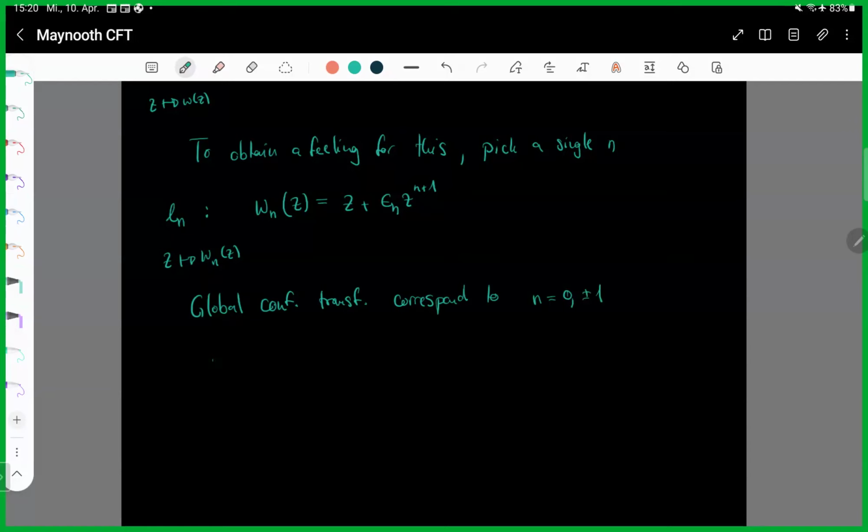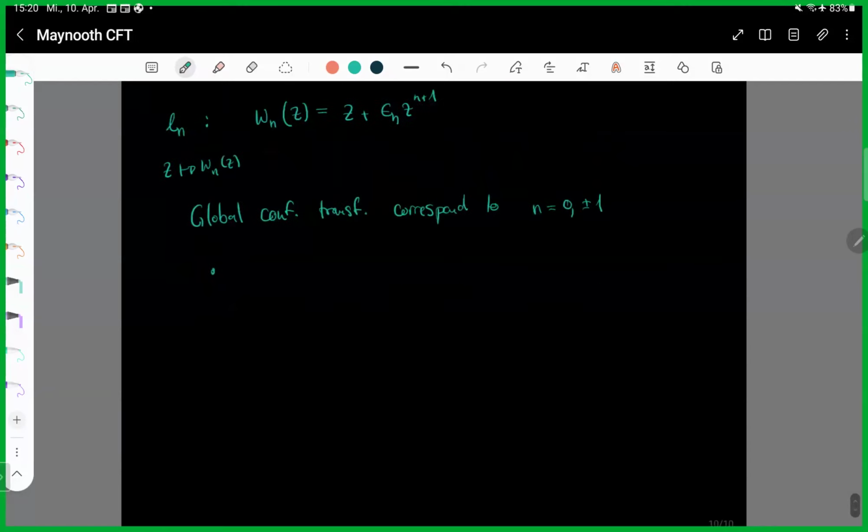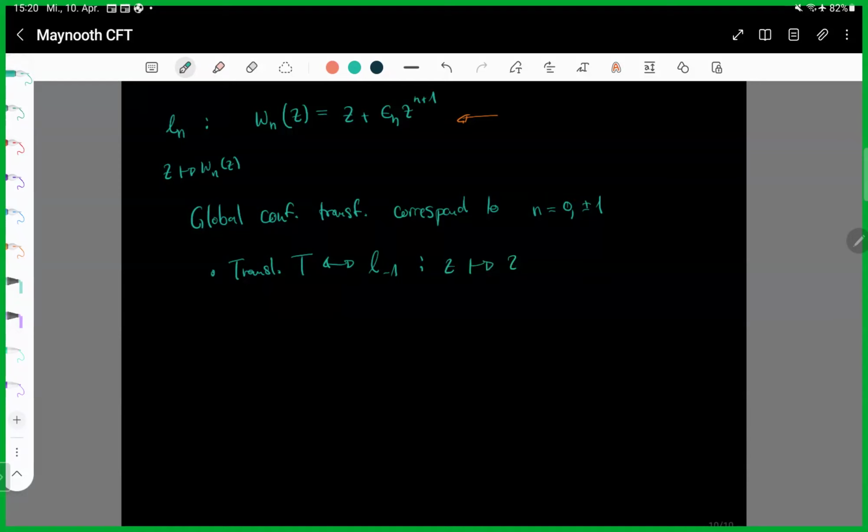For instance, translations, I called them T yesterday, are generated by L_{-1}. Why? We just go up here and check what happens for L_{-1}. The function z is mapped into z plus epsilon, where epsilon is a small complex parameter. So that's just a translation, right? There's no magic going on.